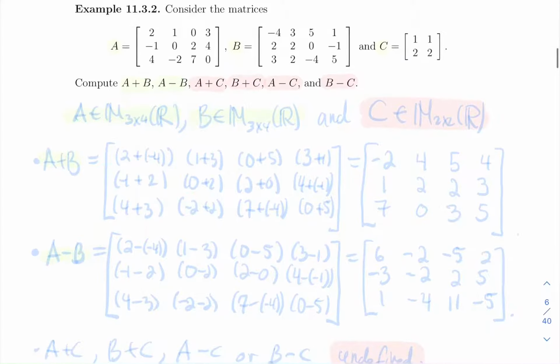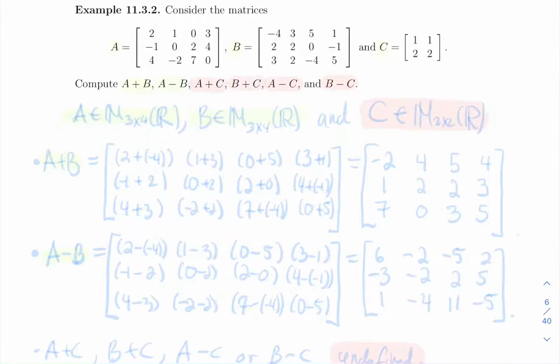So here's an example. We have three matrices: A, B, and C. The first thing you should probably do before any operation is look at the dimensions of the objects you're working with. For A, there are 3 rows and 4 columns, so A is a 3 by 4 matrix.